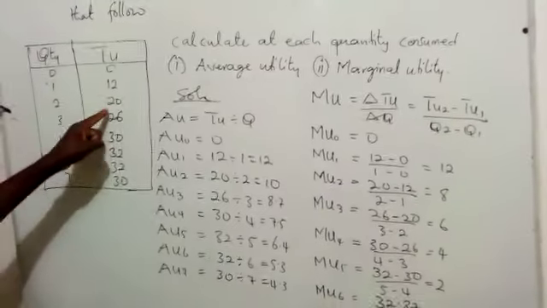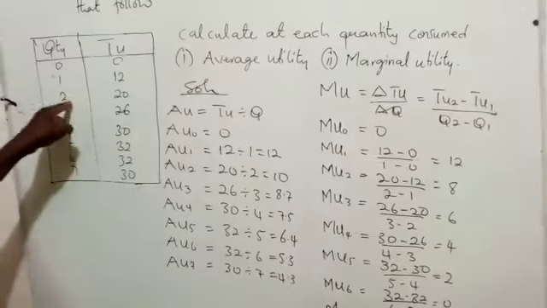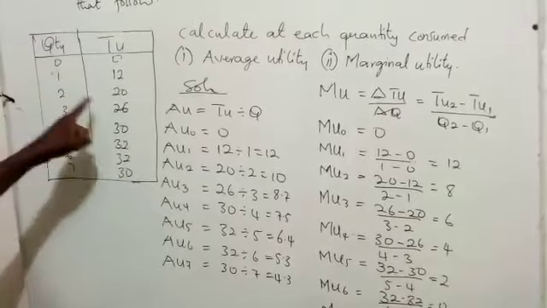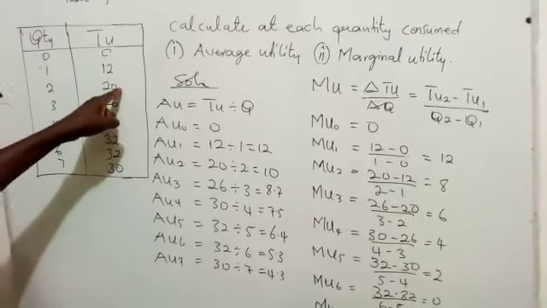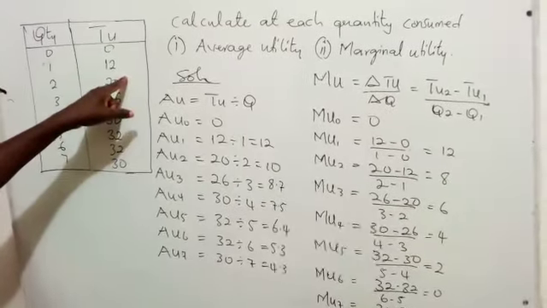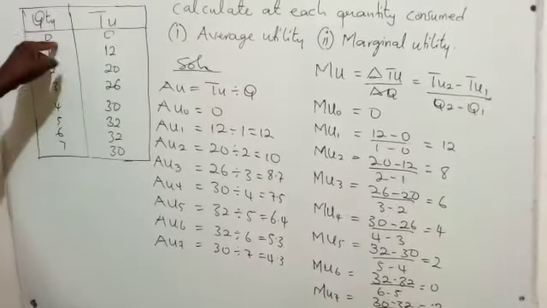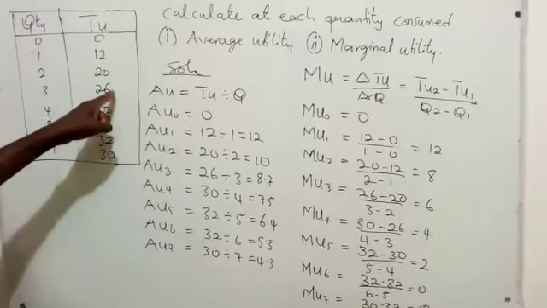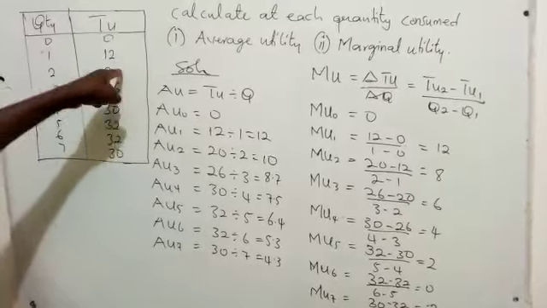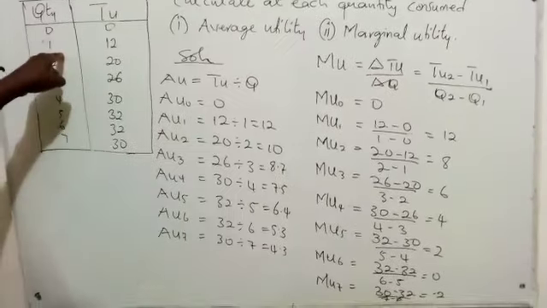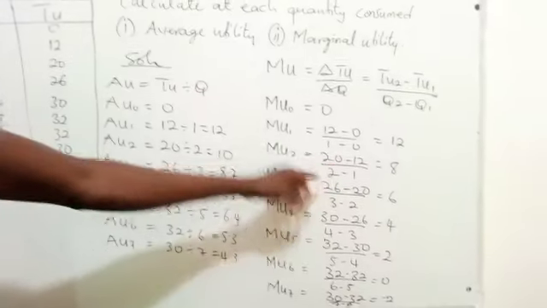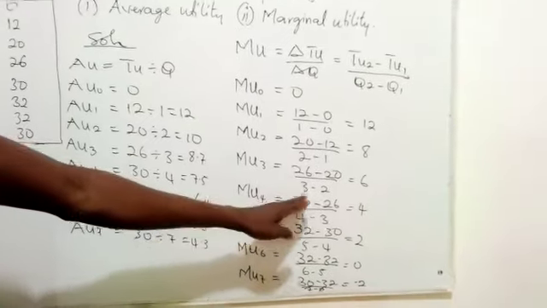The second one will give us the marginal utility at the second quantity: 20 minus the 12, which is the previous, all over 2 minus 1. The third one will give us 26 minus 20, all over 3 minus 2. So you see the solution here. It follows in that order.